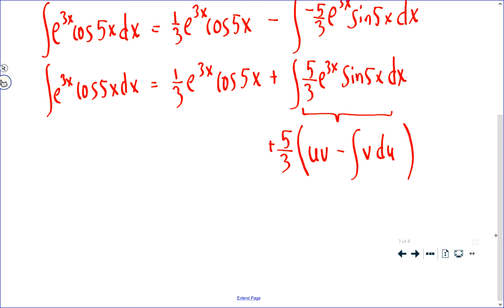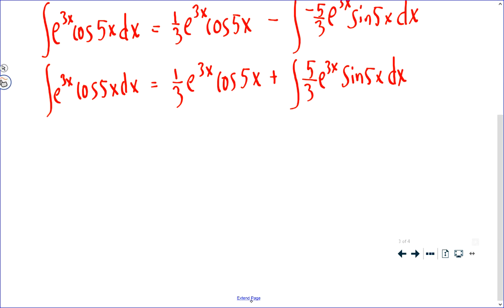And if we are doing our job properly, what we are going to discover is that this integral here will be the same as this integral here, and we're going to have to combine those integrals by moving that integral on the right to the left, just like we did with the example yesterday, so that we could have one integral with a coefficient. So if you take that 5/3 out, you're still going to have to multiply it through at some point anyway. So my advice to you is don't bother writing that 5/3 outside.